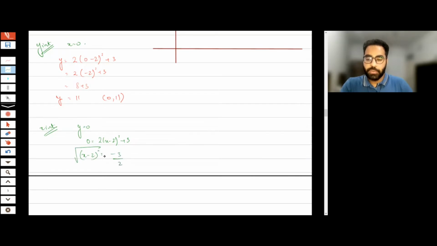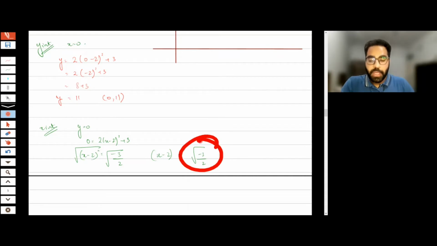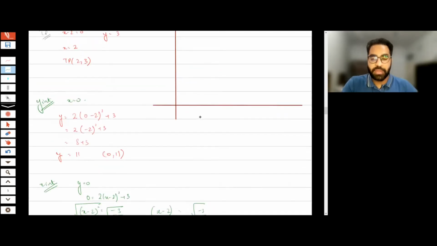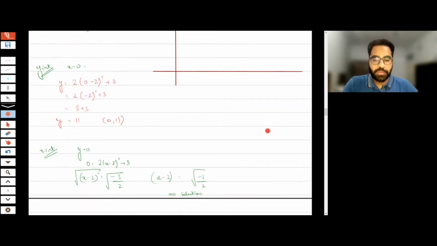If I take under root on both the sides, the under root and square will get cancelled, and on this side, I'm going to get under root of minus 3 upon 2. If you try to solve under root of minus 3 upon 2, you won't get a solution. The calculator will give you a math error. Please don't write math error. You just write no solution. And that means that you will not get any x-intercepts. The curve will not intersect the x-axis.